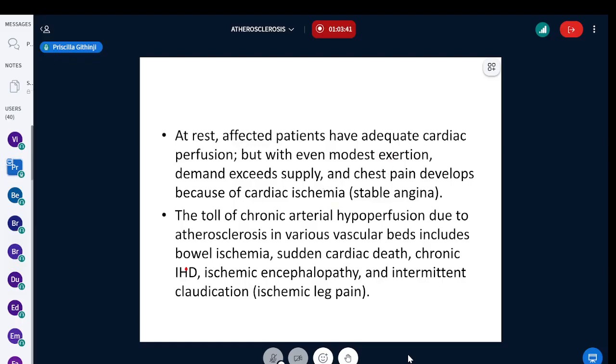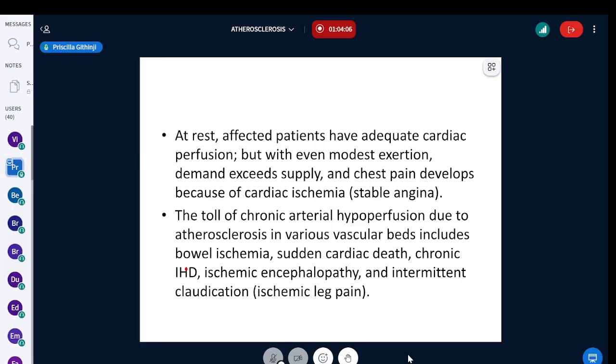So the toll of chronic arterial hypoperfusion due to atherosclerosis in various vascular beds includes: you can get vascular ischemia if this atherosclerosis affects mesenteric arteries. You can have sudden cardiac death if this affects a major coronary artery.